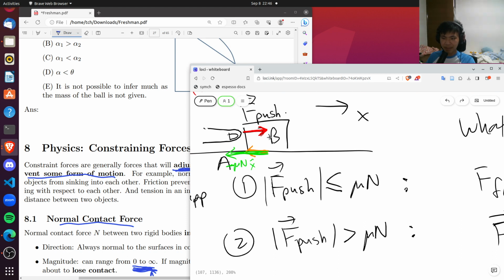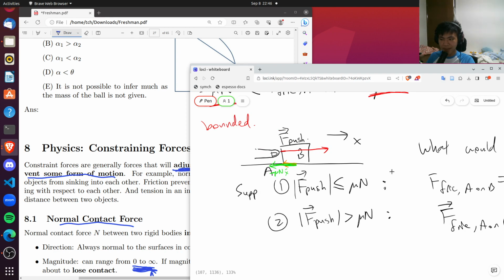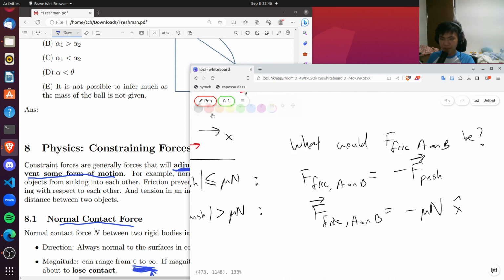So in the second scenario, the red vector is huge. The pushing force is huge, and friction is trying its best. It'll always try to match up to the pushing force, because only when it matches up is the net force 0 and the things aren't sliding relative to one another. So it'll try its very, very best.